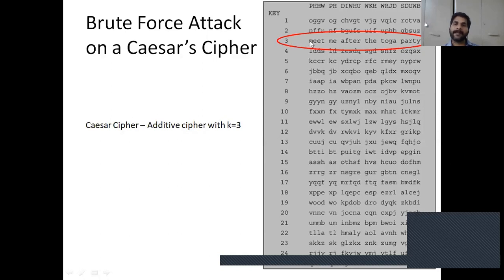M plus 3 gives P. Similarly, E plus 3 mod 26 is converted to H. The next E, position plus 3, is converted to the next alphabet H. So we convert using key equal to 3 and find the ciphertext like this.